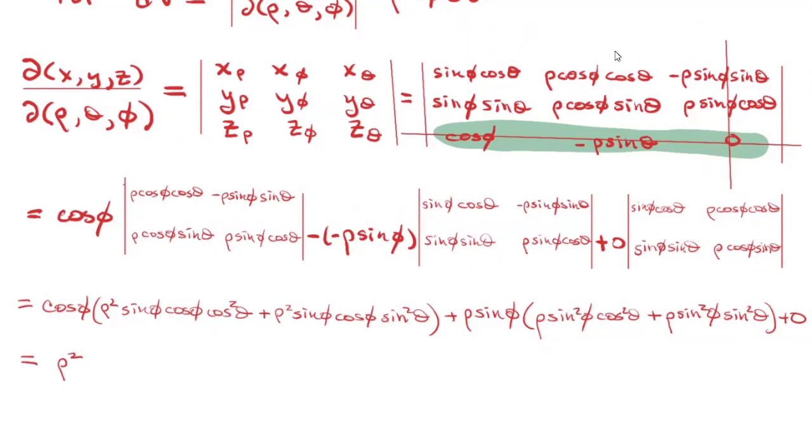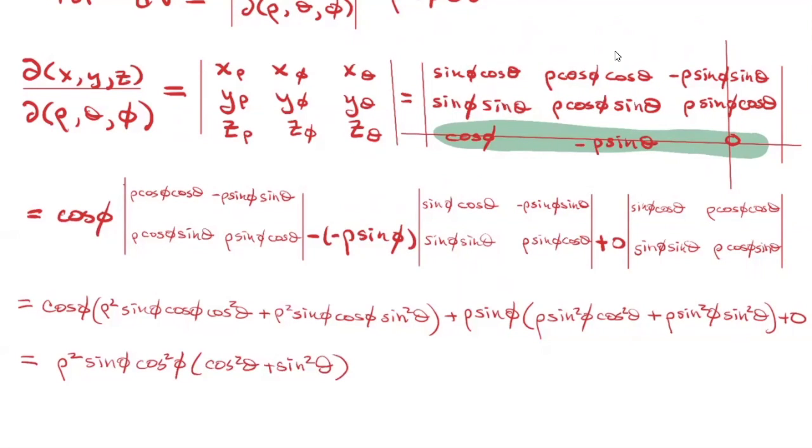So we're going to factor out a sine phi cos phi with the other cos phi, so it's going to be sine phi cos square phi. And then inside, correct me if I'm wrong, but I think there's just a cos square theta plus a sine square theta.